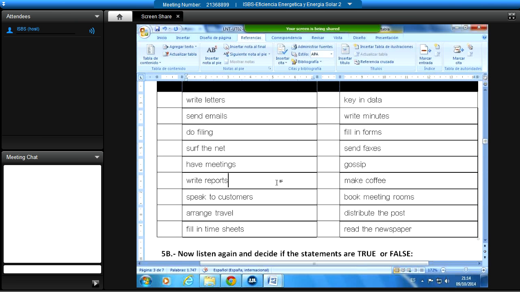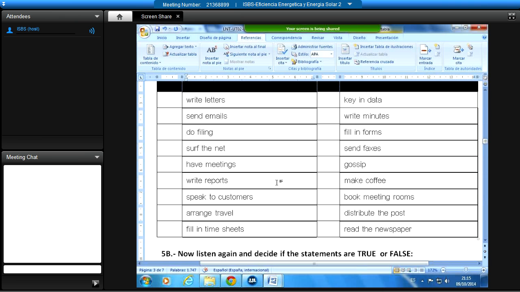To fill in time sheets. Look, these are sheets of paper. This is a sheet. This is another sheet. Also the sheets that you have in your bed, because they are similar to these sheets. And time sheets are like cuadrantes.